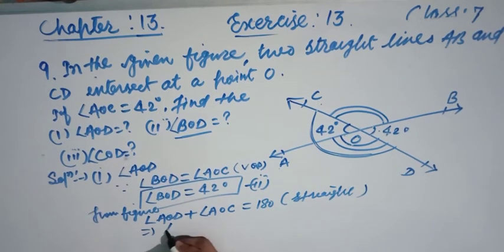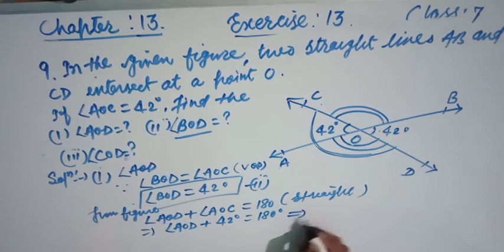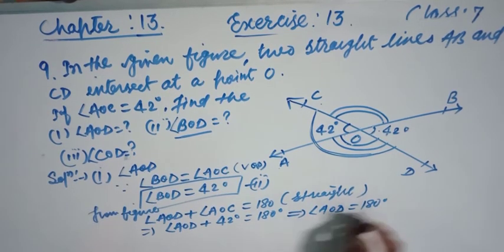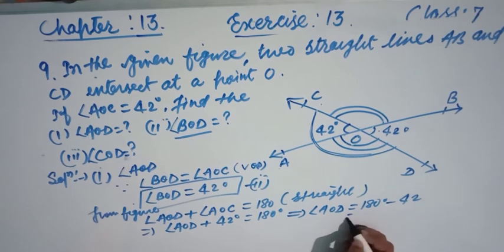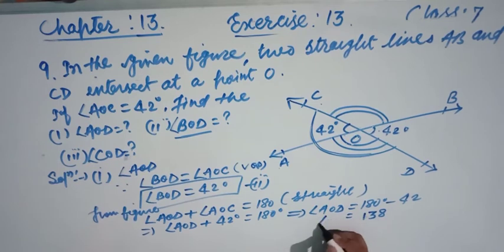Now AOC is equal to 42 degrees, so AOD is equal to 180 minus 42, which is 138 degrees. This is the second solution.